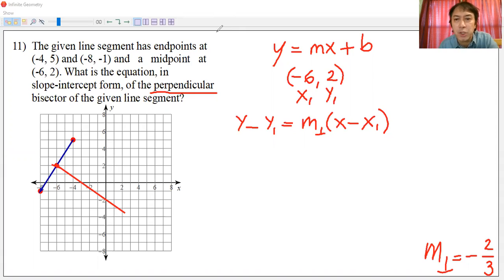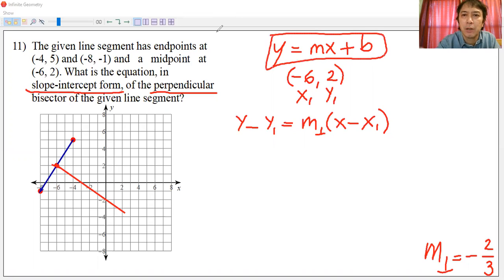Direct substitution and then simplify it to slope-intercept form. We will use this point-slope form, but we will convert that to the slope-intercept form.